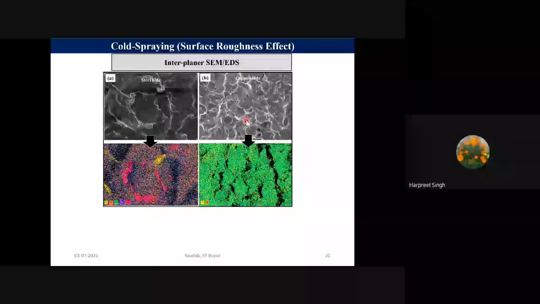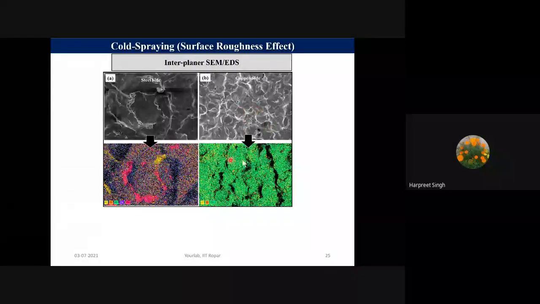If you see this one, copper side means coating side. Ideally, everything should have been copper, right? But there are these pockets. In these pockets, copper has got detached during the lap shear.